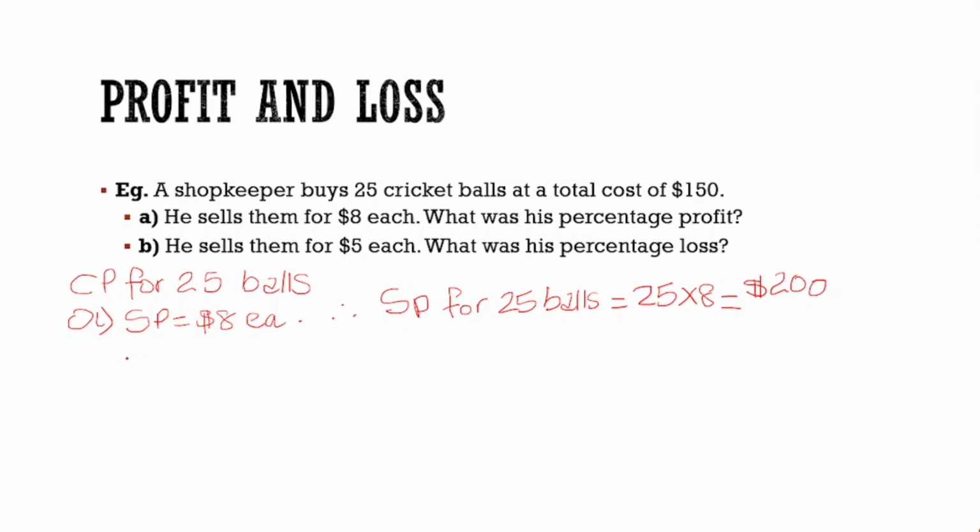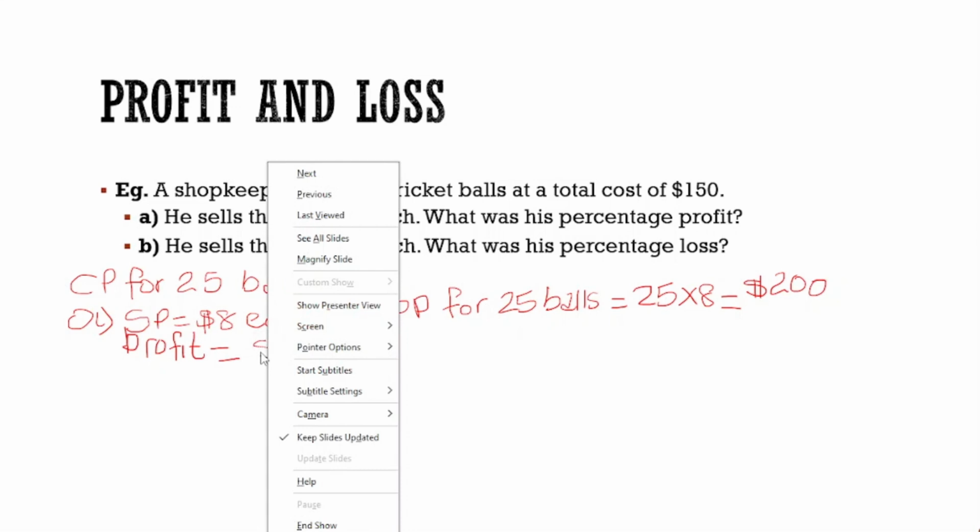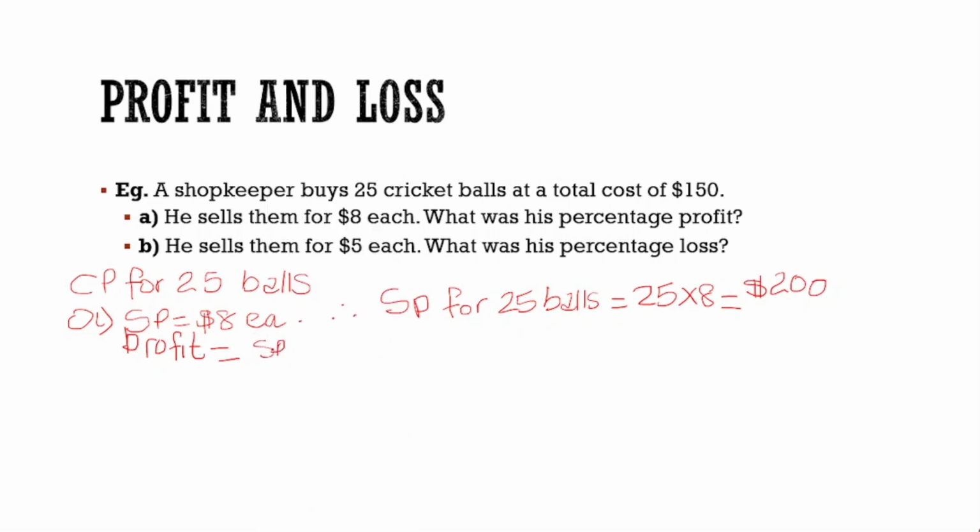Now there are two methods to doing this. In the first method, we will find out what the profit is. So profit is equal to selling price minus cost price.